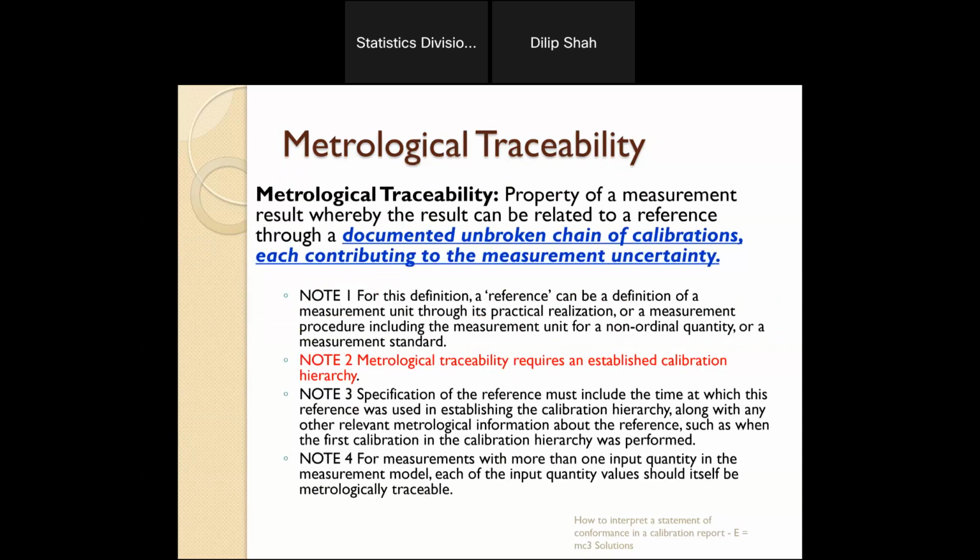And there are some keywords in this: documented, unbroken chain of calibrations, each contributing to the measurement uncertainty. And then if you look at this note, it says metrological traceability requires an established calibration hierarchy. So this unbroken chain of calibrations refers to this established calibration hierarchy in there.